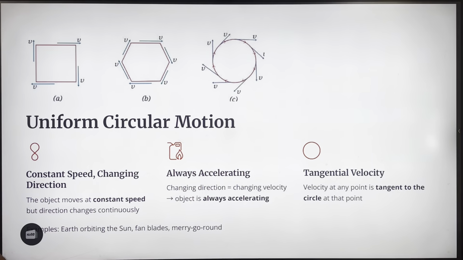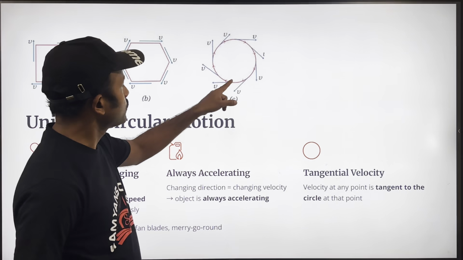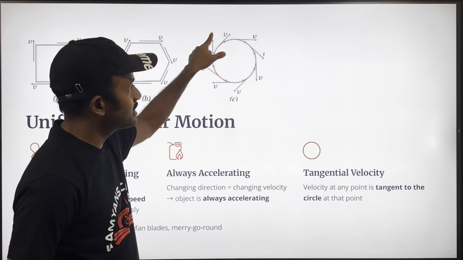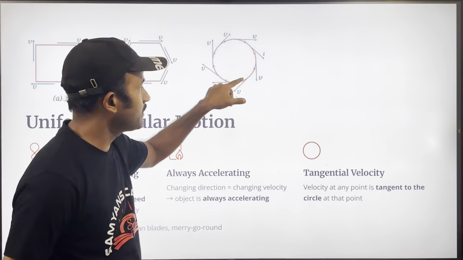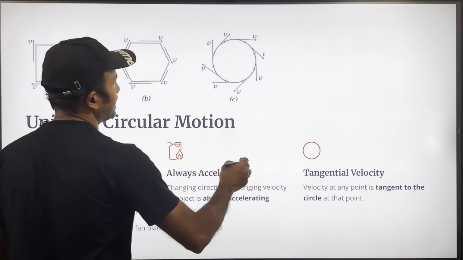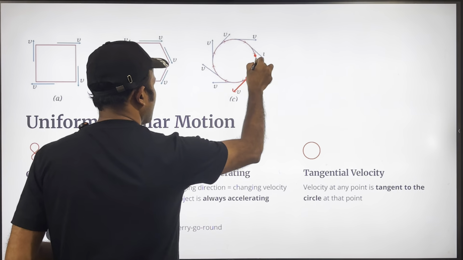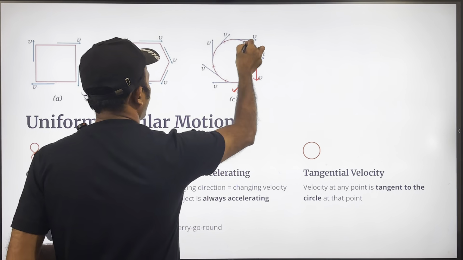Now you see motion in circular path. When an object moves with a constant speed, everywhere you see the direction changes. The tangent drawn to the circle gives the direction of the velocity of the particle at that point.